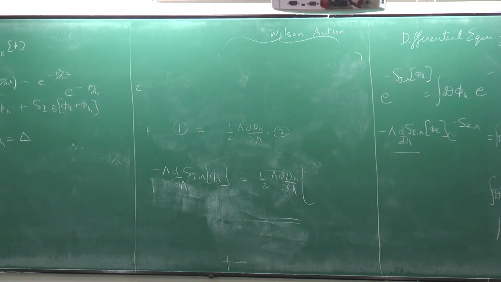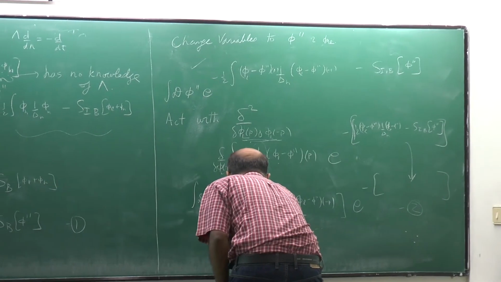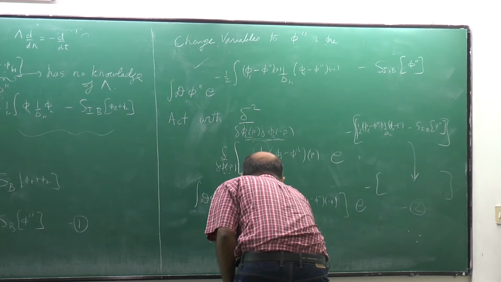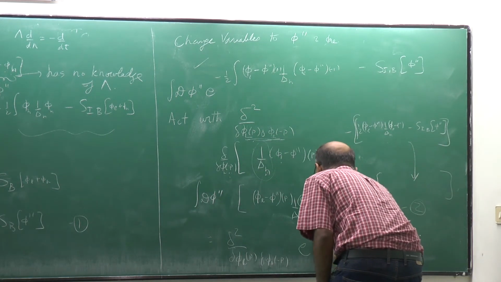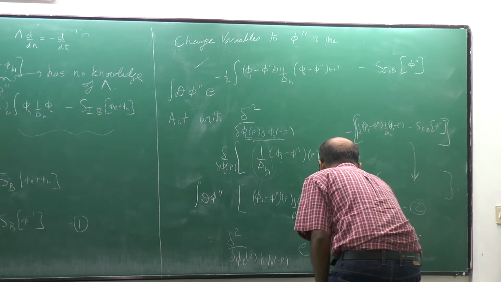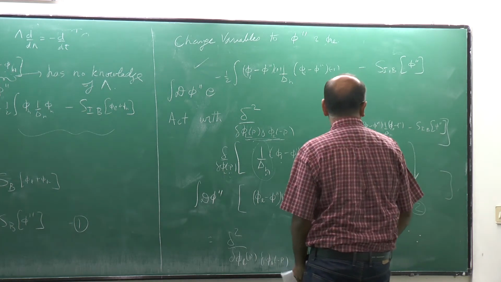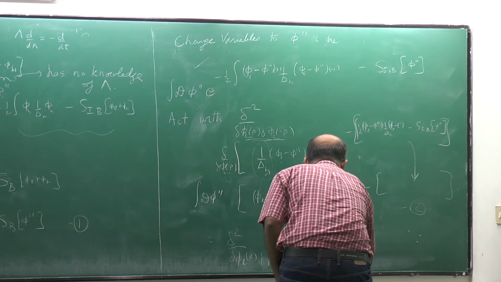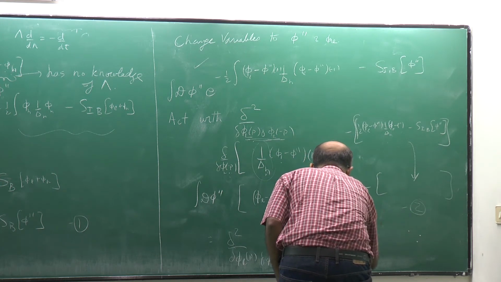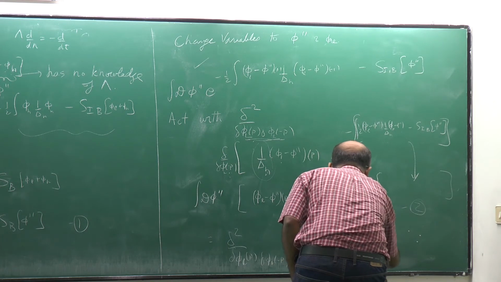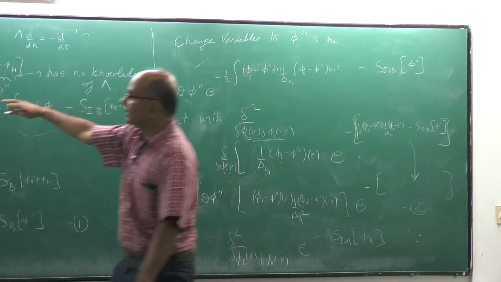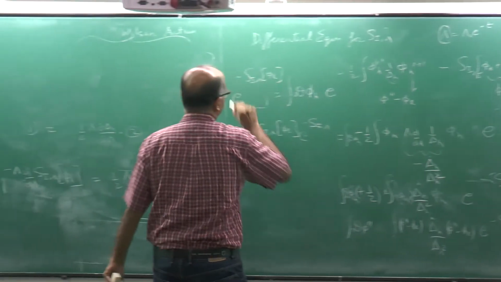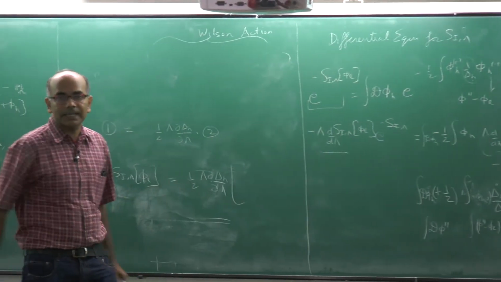So this is equal to d squared by d phi L squared of e to the power of minus half e to the power of psi lambda phi L. Remember, this object was defined to be, that's the definition of psi lambda.